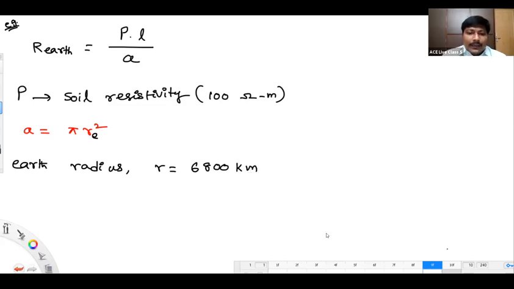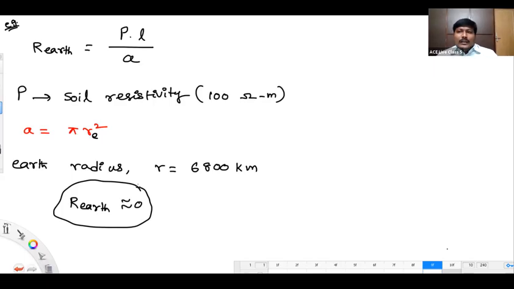As this radius is very large, the area is very high, and definitely earth resistance is very low. We can approximate that number very close to 0 in most calculations. So earth resistance is approximately equal to 0.